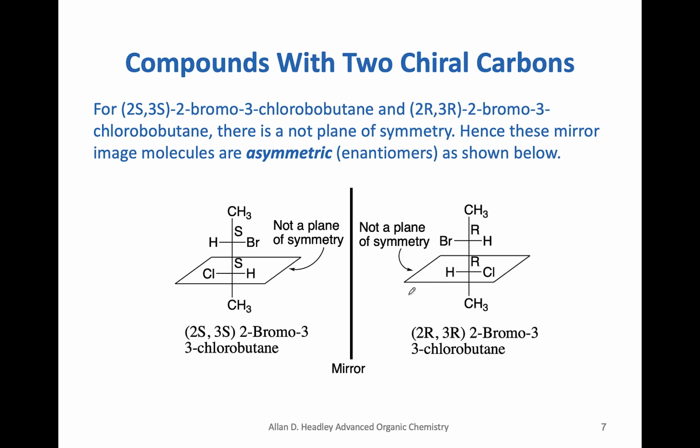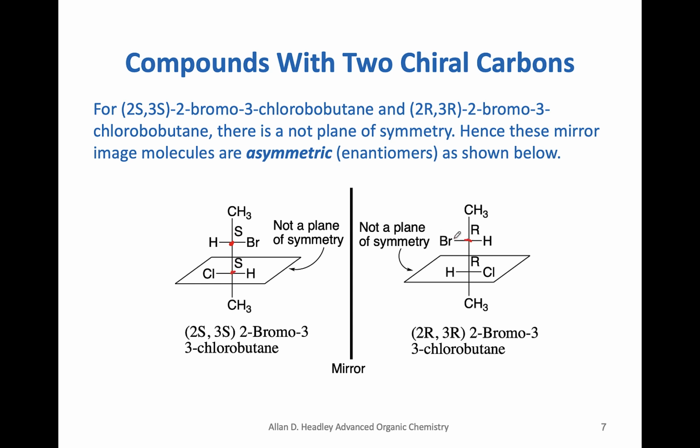Let's look at a couple more examples here. These are mirror images of each other, but notice here that the groups are different. So we have a chiral center here, a chiral center here.